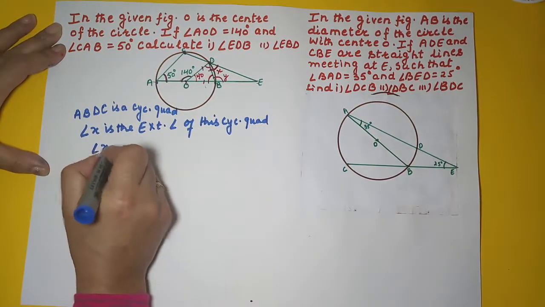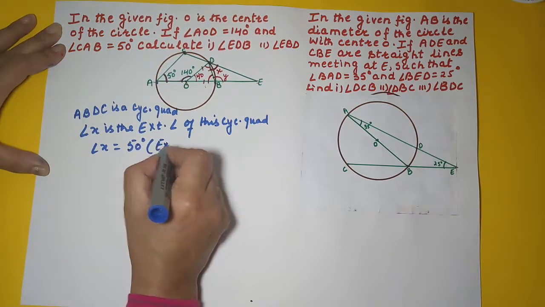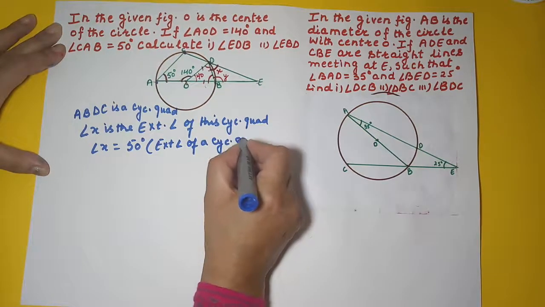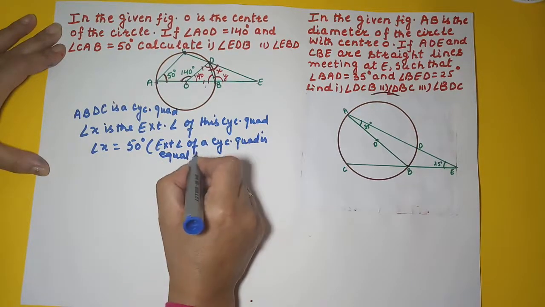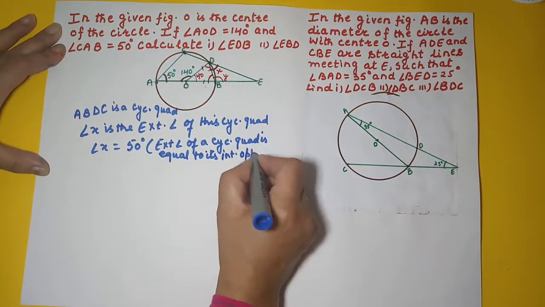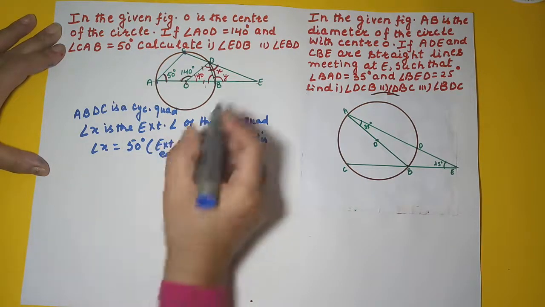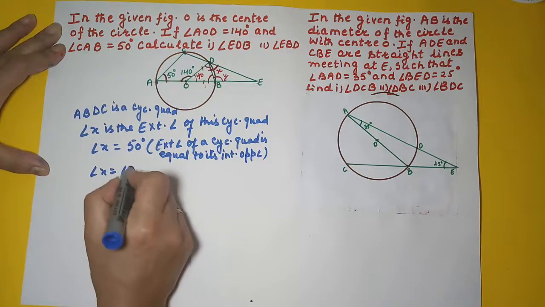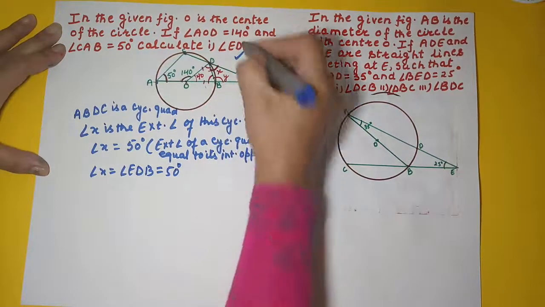So angle X will be equal to 50 degree. Reason? Because exterior angle of a cyclic quadrilateral is equal to its interior opposite angle. Done? So angle X is our EDB. So angle X is equal to angle EDB is equal to 50 degree. So we have found this EDB.